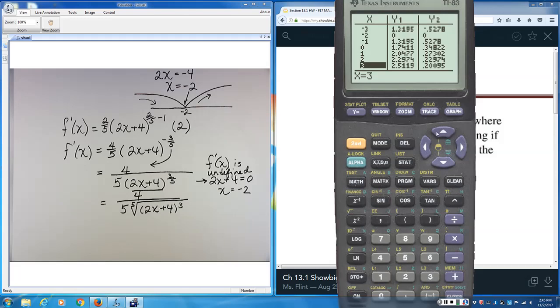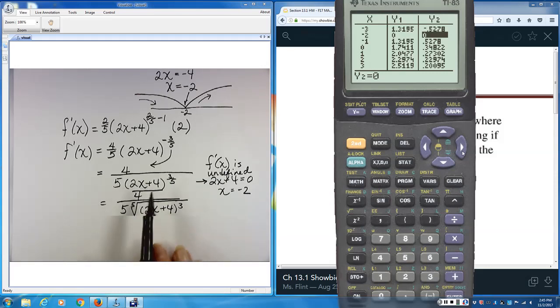But I want you to notice what happened when you got to -2, because your calculator lied. It says that if you plug in -2 into the derivative, you get 0. No, you don't. You can't. Because if you plug in -2, the denominator of that derivative is undefined.